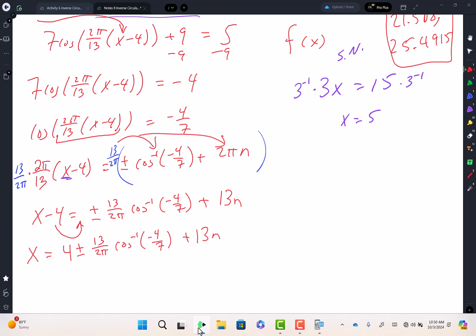All your other teachers have told you to just put it in the back, plus 4. Why? It's the most common error. Some of you are going to put plus 4 back here, combine like terms, and think that the 13 goes with the 4 and add them up, and it doesn't.